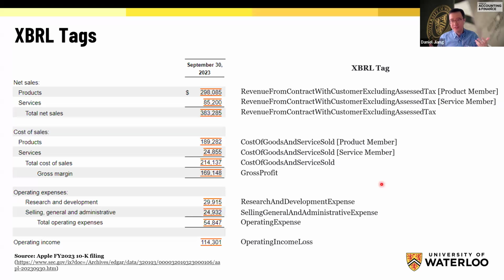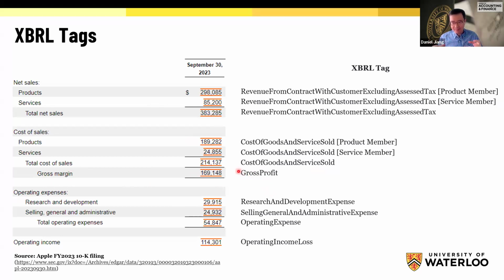Since 2012, all public firms in the US have been required to file their 10-K filings in XBRL format. Specifically, filers need to select an XBRL tag for every number they report on the 10-K filings. For example, this is the income statement from Apple: the tag for the line item total cost of sales is cost of goods and service sold, and the tag for gross margin is gross profit.